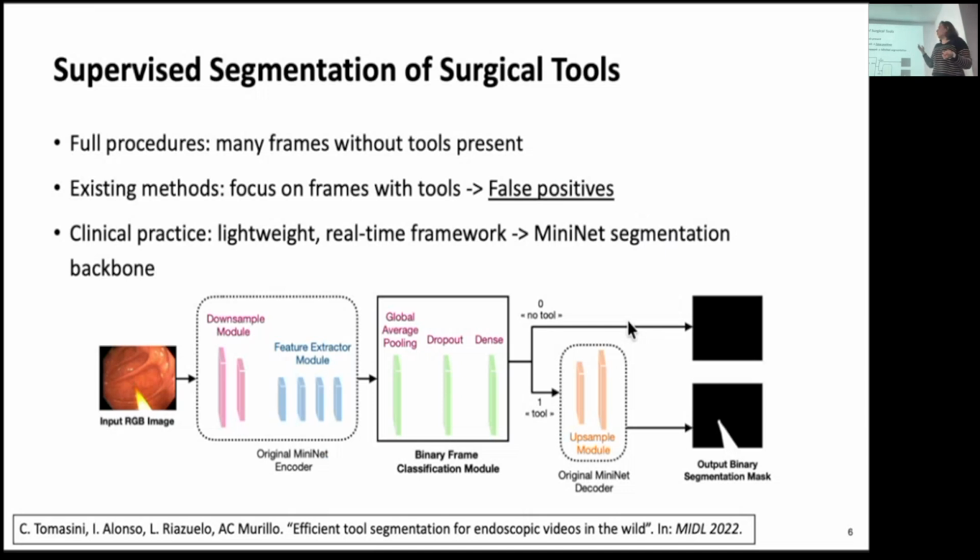So what we propose to do is add a classification module that uses the same encoder from MiniNet, so encoder, decoder, basic, classic segmentation framework, and we use the same encoder head to apply our classification module. And if we classify that there's no tool, we actually skip the frame and say don't apply the decoder to segment.